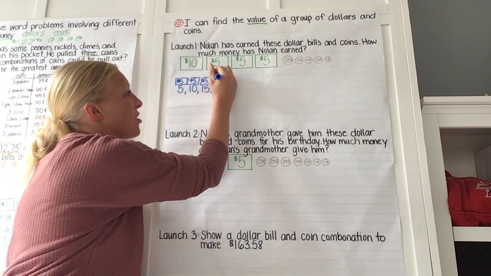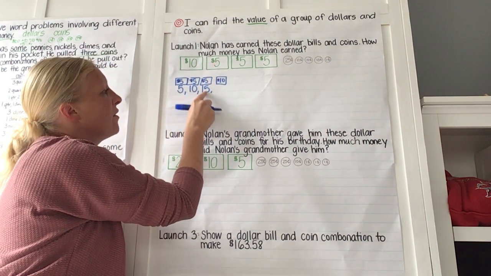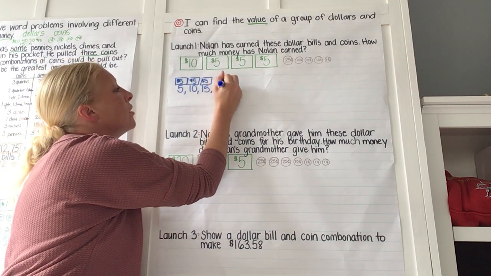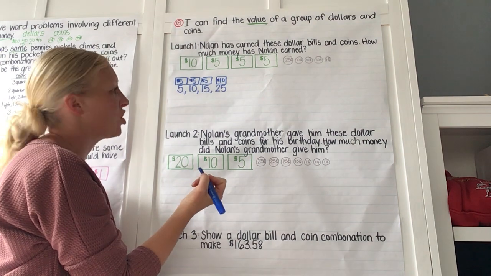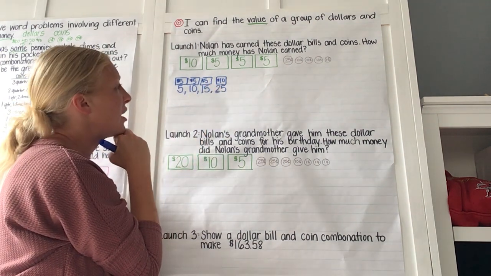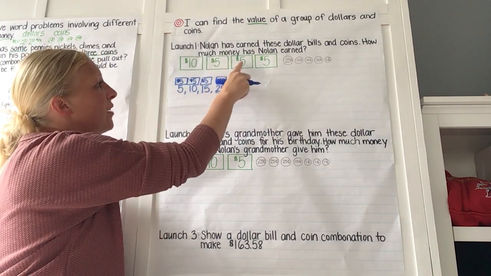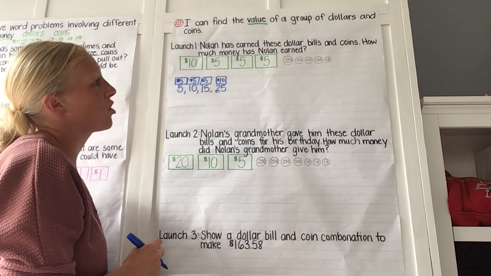So then what did your next one sound like? So you said 5, 10, 15, 25. Okay, and then what place changed then? You jumped straight to your tens place changing. So you did 5, 10, 15, 25. Okay, and then what about your coins?